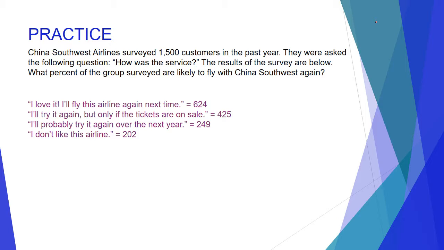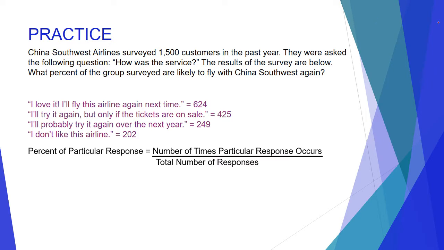Alright, for this one, same formula. The denominator is going to be 1,500 because there are 1,500 responses. Now this one says what percent of the group are likely to fly. So which options imply likely to fly? Definitely the first one.